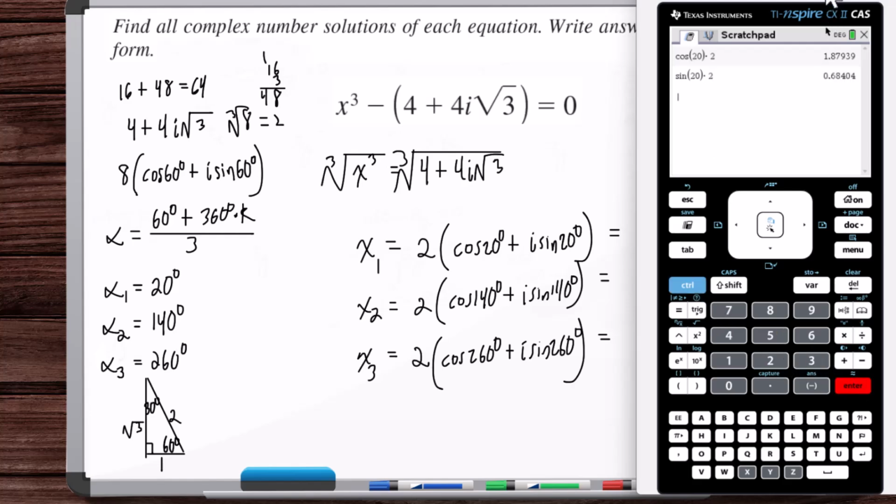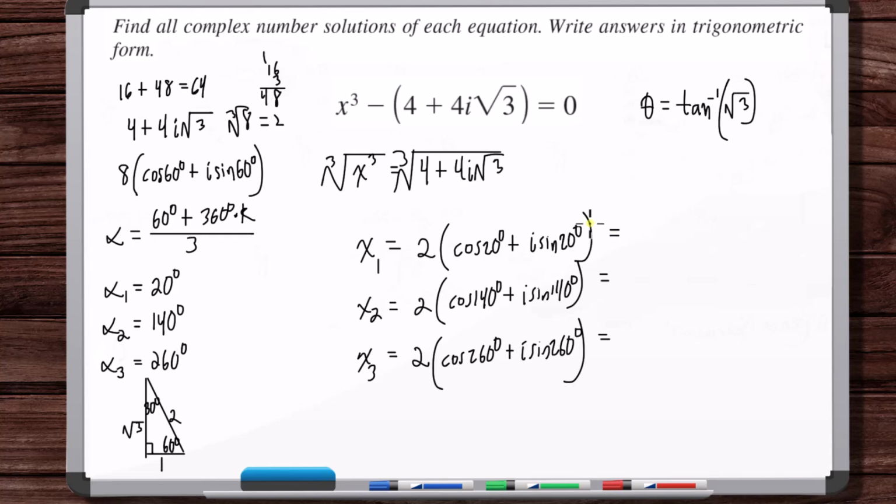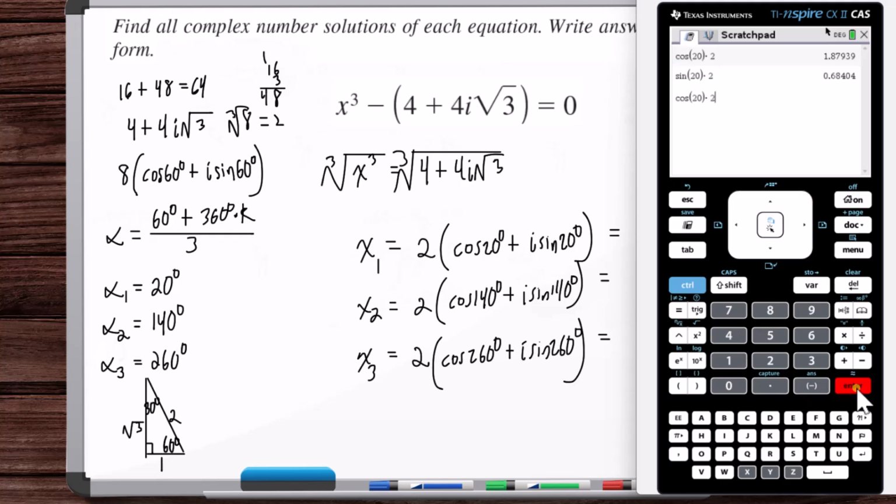All right, 1.88 plus 0.68i. Okay, now let's do 140. All right, minus 1.53 plus 1.29i.